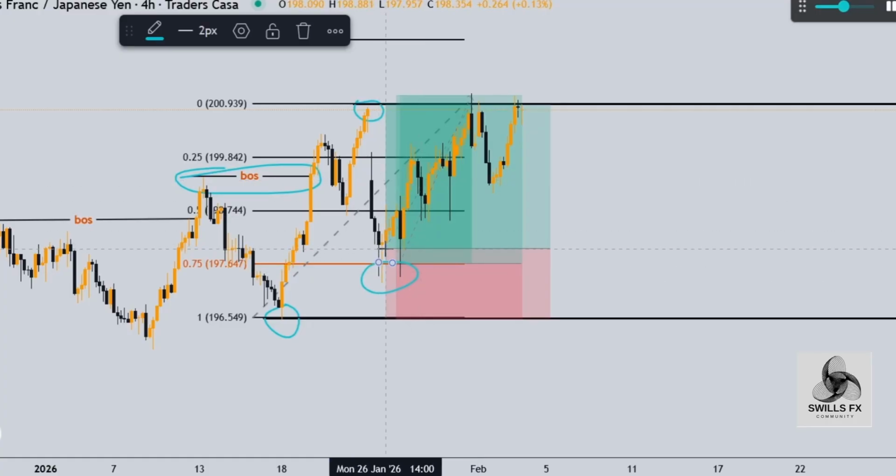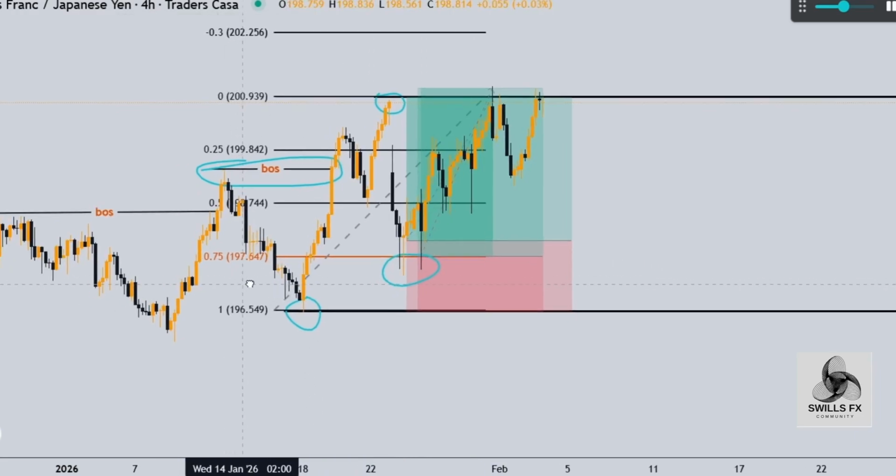Now the reason why I took the entry over here was because sometimes we are quite lucky that price comes back to retest this level, but most often price might not return to this level to retest it. Let me go back here.